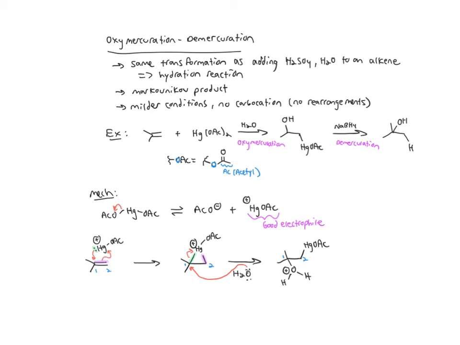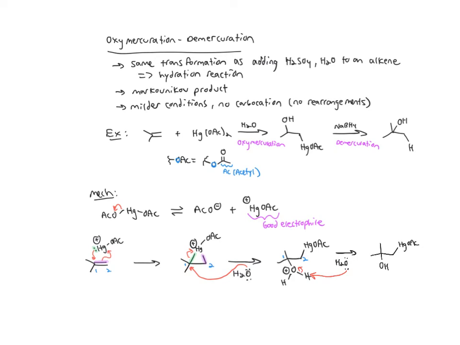The last thing we have to do for this oxymercuration step is alleviate the charge, because we do have a positive charge on that oxygen once it goes to attack. So we can use another water molecule to come and take off one of the H's. And that's going to give us our oxymercuration product with that OH on the more substituted position.